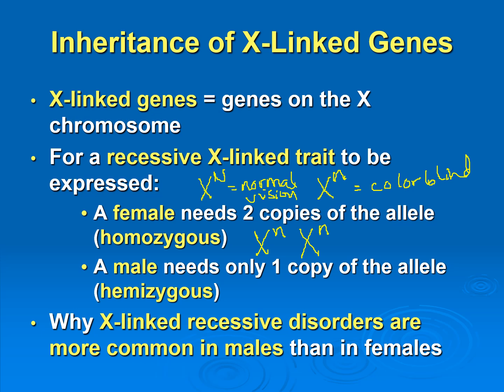Whereas a male, who only has 1 X chromosome, only needs 1 copy of that recessive allele in order to be colorblind. And this is why it's much more common to see these X-linked recessive disorders in males than it is to see them in females. And that's why.